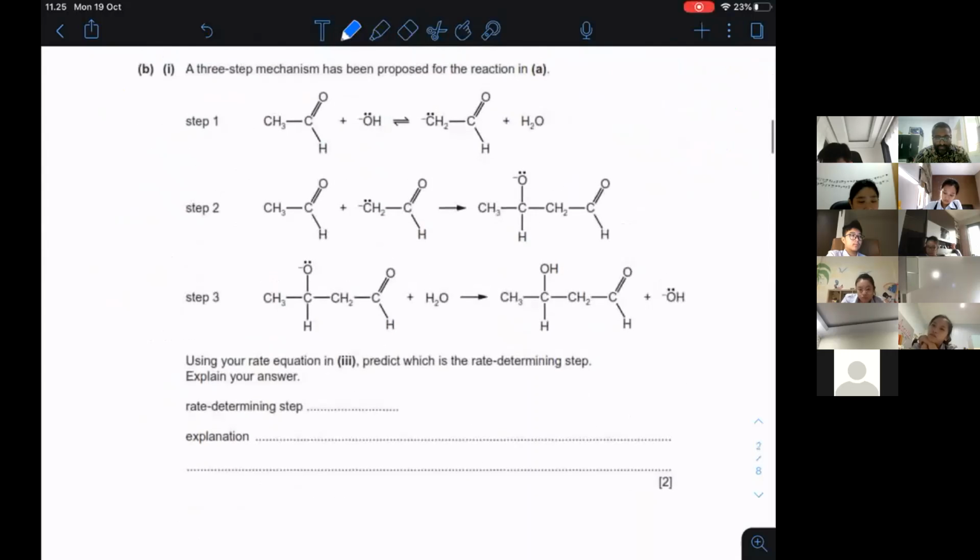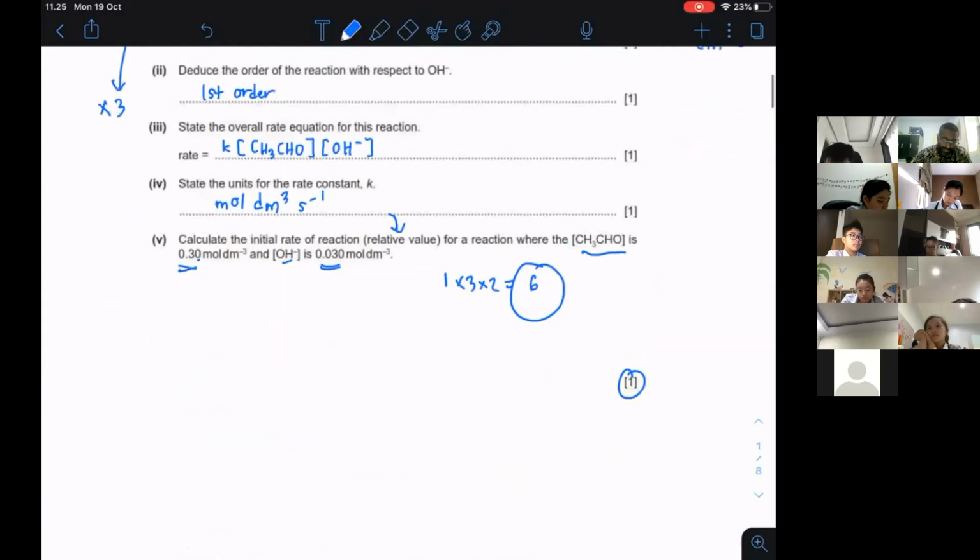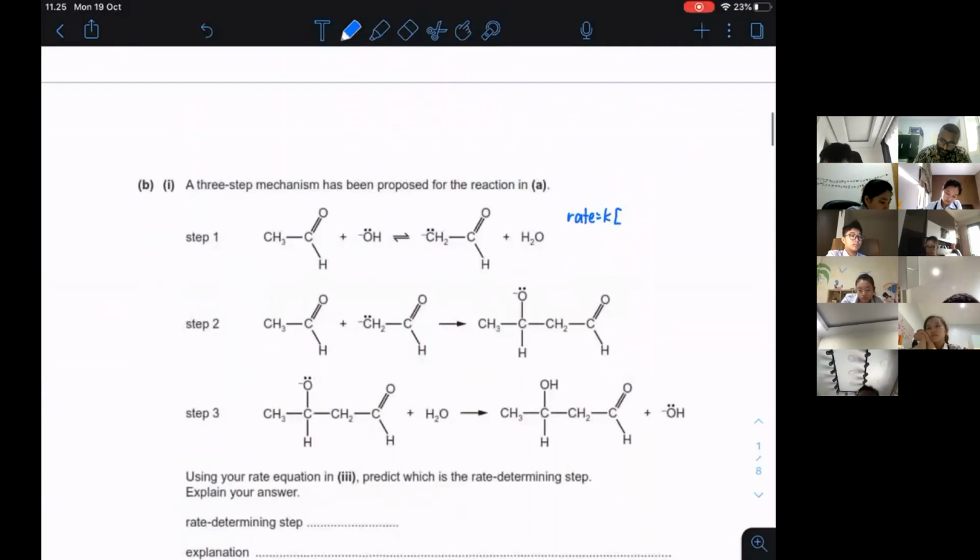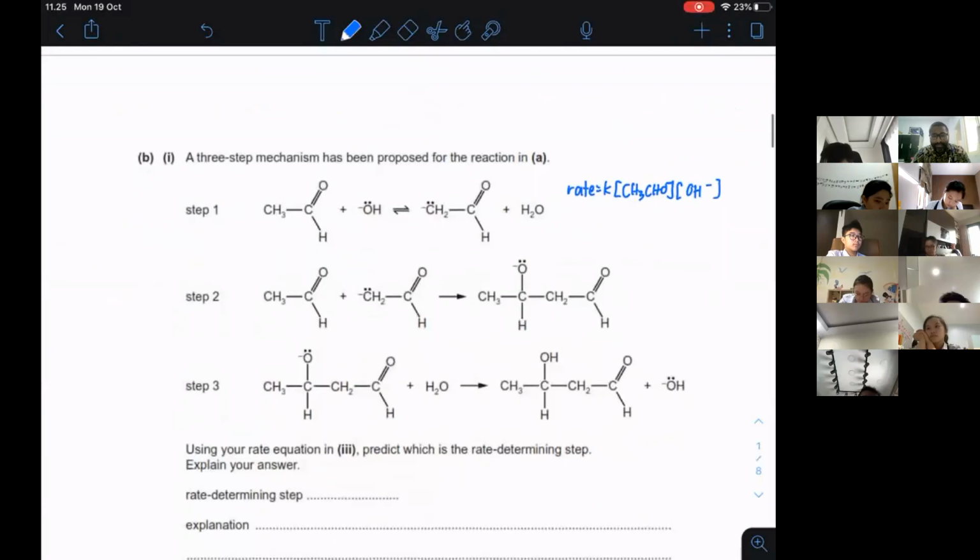Now, a 3-step mechanism. Before that, I'll just write down the rate equals K, CH3CHO and then OH minus, I put it over here. Now, a 3-step mechanism has been proposed for reaction A. Step 1, step 2, step 3.